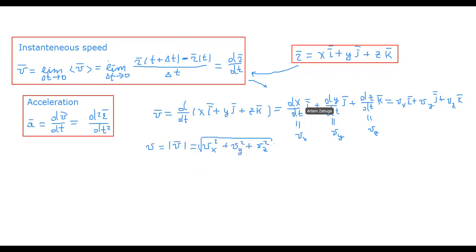How can we understand the length of a vector? Let's draw this reference system, or Cartesian system. I will consider a two-dimensional system.